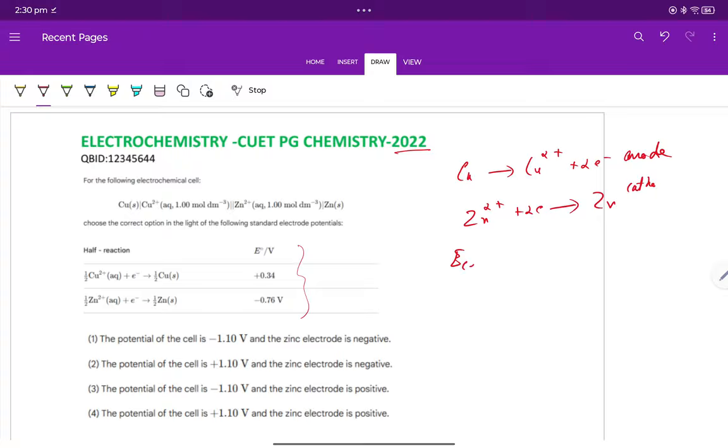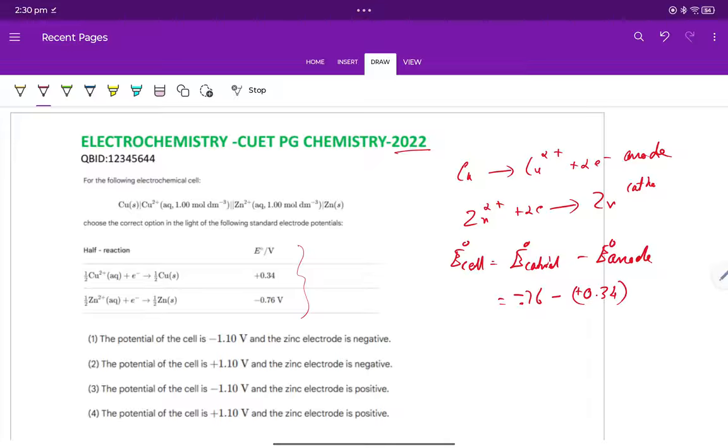Find the value of E cell. E cell is equal to E0 cell, which is equal to E0 of cathode minus E0 of anode. Now what is E0 of the cathode? The cathode is zinc, so this will be equal to minus 0.76, minus the value for the copper electrode, which is 0.34, a positive value.